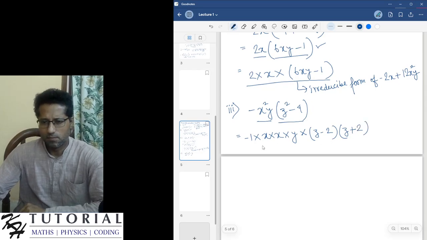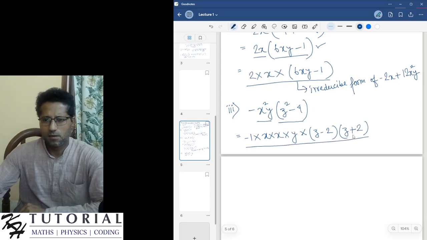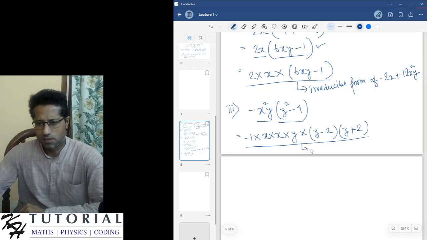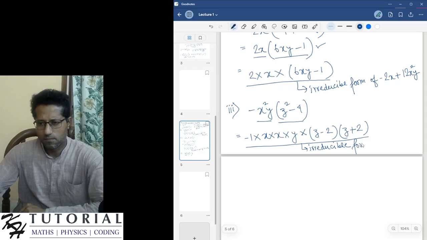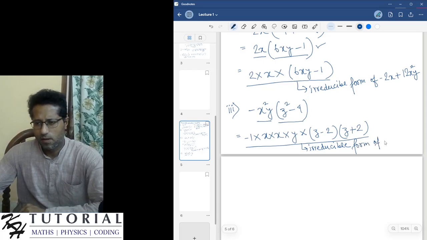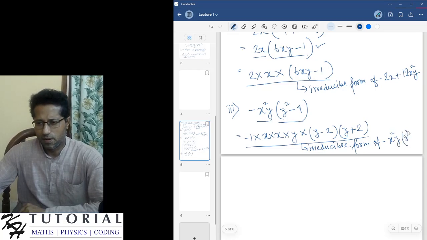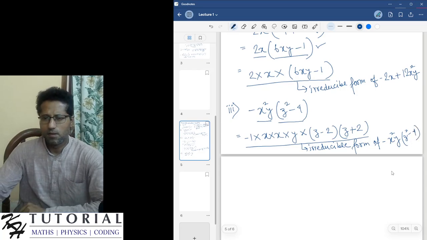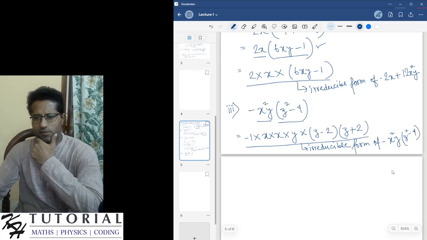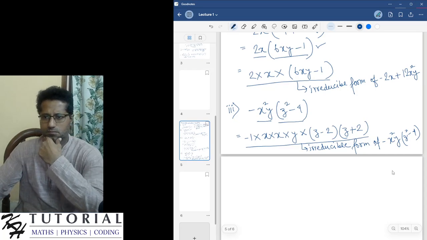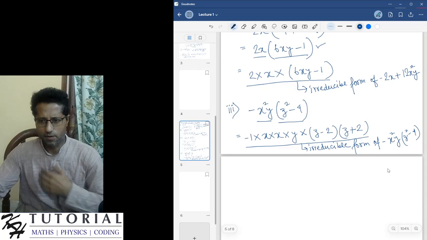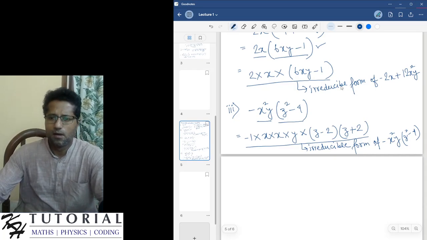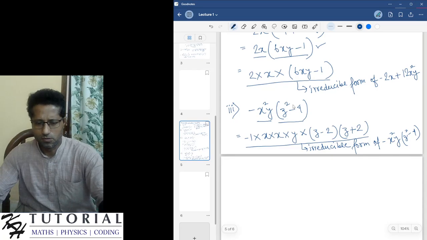Now this form is an irreducible form of minus x square y, z square minus 4. I hope my writing is readable. Because I am using different software, I do not have good control over my pen and the way the software is working.